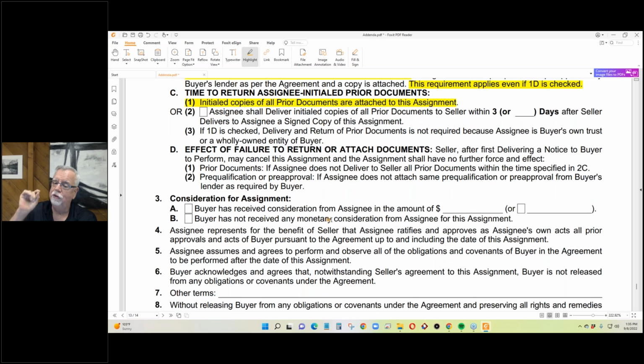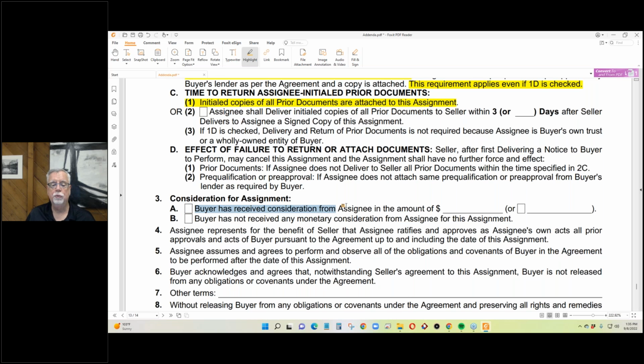To be clear, the contract isn't canceled if just the assignment gets canceled, right? If the assignee doesn't sign everything and get everything back, then the assignment is canceled, but you're still in contract. You can still lose your deposit if you backed out.